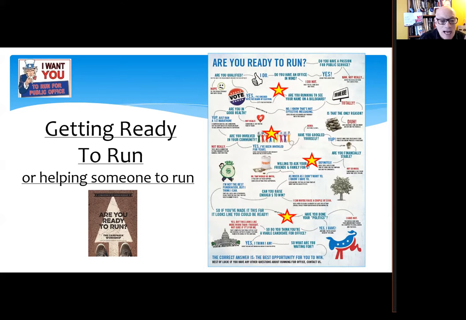But this particular guide we find very fun, useful, and graphic. It's called Getting Ready to Run. The Campaign Workshop is an awesome organization that trains people all across the country to run for office. They have a lot of good publications, and you're free to look at their website and download. We use quite a few of their resources ourselves. But this one is fun.